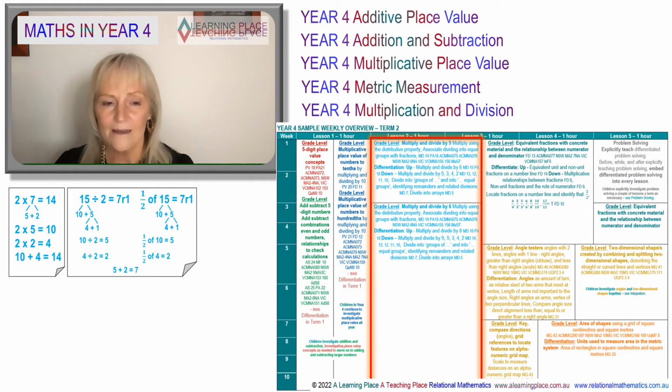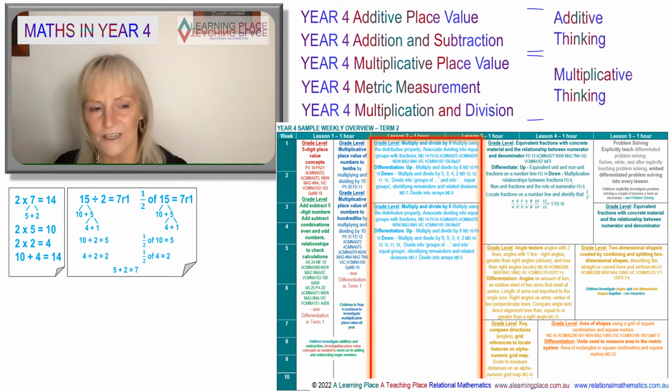Number one, skip counting means that they're thinking of it as groups, which means that they're thinking additively, because they've got a group of 2 plus another group of 2 plus another group of 2 plus another group of 2. So that's additive thinking. And again, we want them to think multiplicatively from year 3 onwards. And that's why there's no real multiplication and division until year 3, because up until then, the kids are thinking additively.